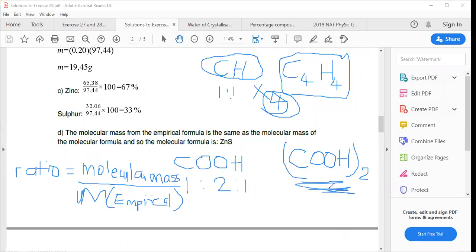I'm going to do that as an example so that you understand what I'm trying to say here. So here I'm just highlighting this whole number ratio, the simplest one, just 1:2:1. That's what we call the empirical formula. The actual formula becomes C2 when I multiply everything by 2, here it becomes O4, and here it becomes H2.